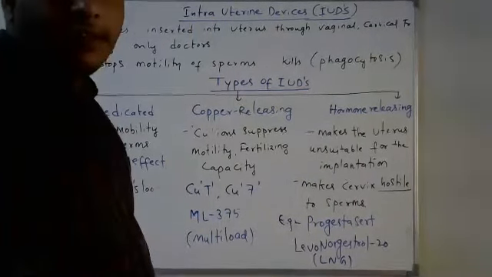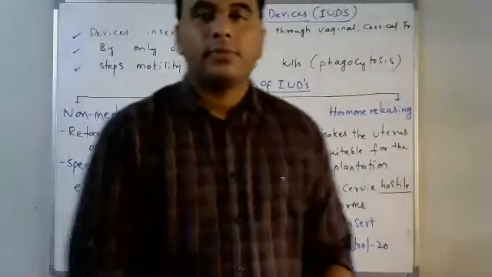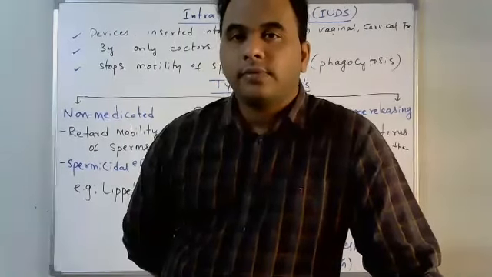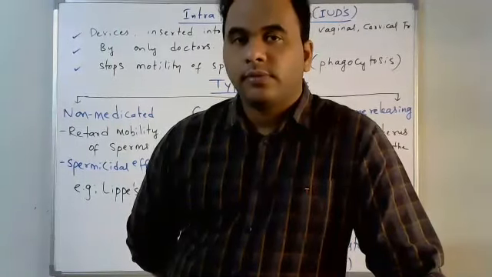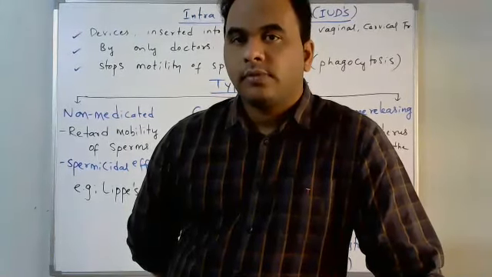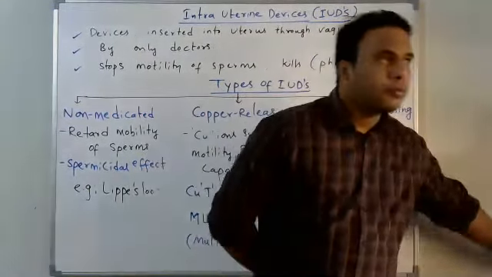Sir, you said copper releasing IUDs will release copper, and one example is Copper T. But I heard in 10th class that the teacher said Copper T is also used to crush the ovum before entering the uterus. Is it true?